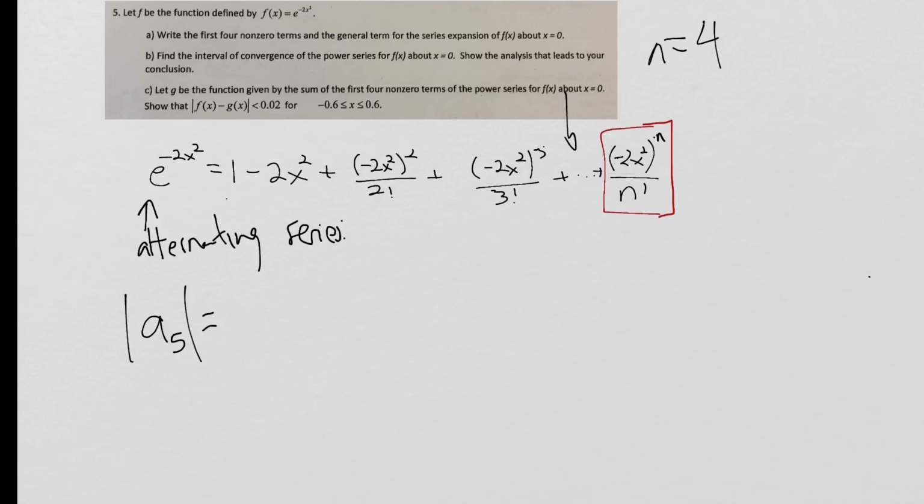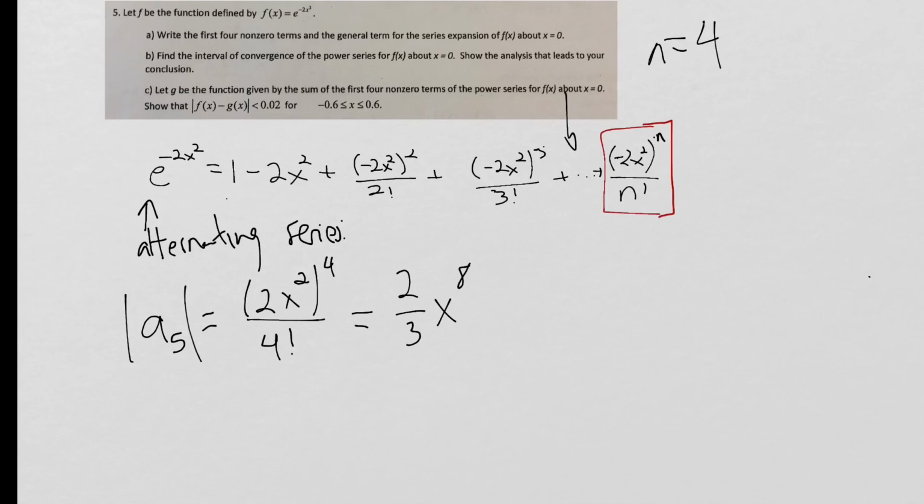It's going to be open parentheses, 2x, I dropped the negative because it's got absolute values, squared to the 4th over 4 factorial. Well, if I simplify that, I get 2 over 3 times x to the 8th.